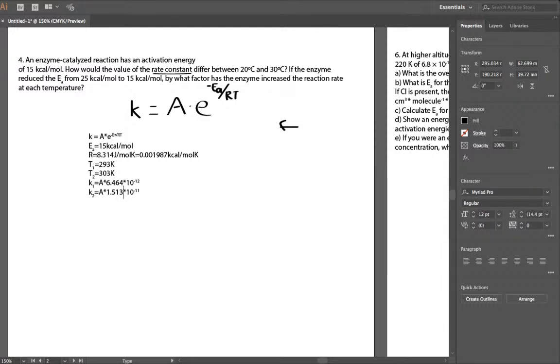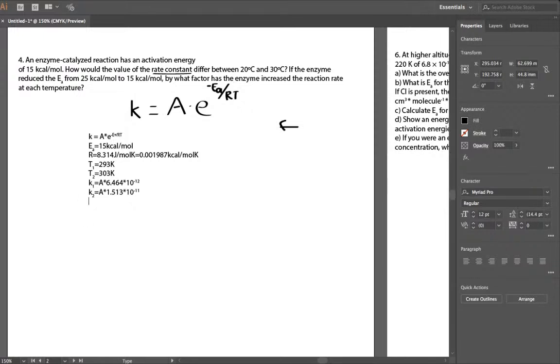So how would it differ? It would differ by some factor. Let's try to find what K2 minus K1 is. So if the enzyme reduced, how would the value differ?